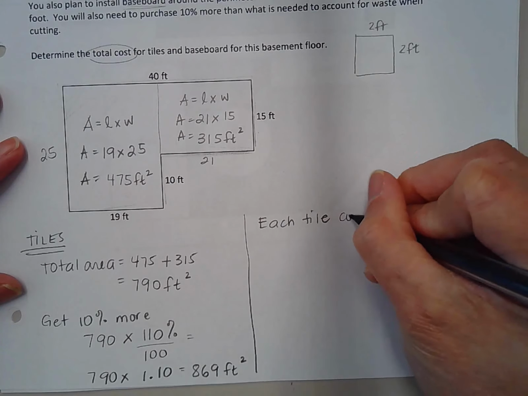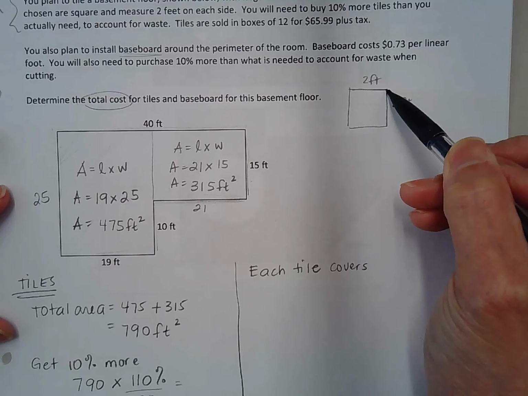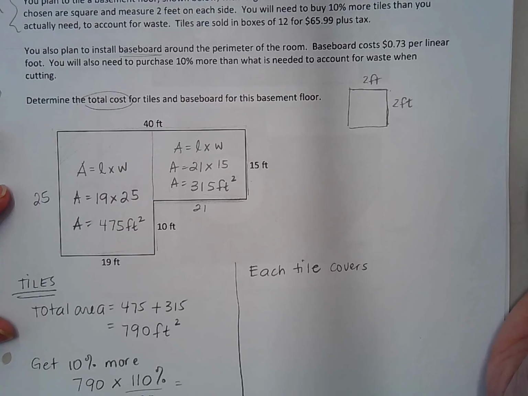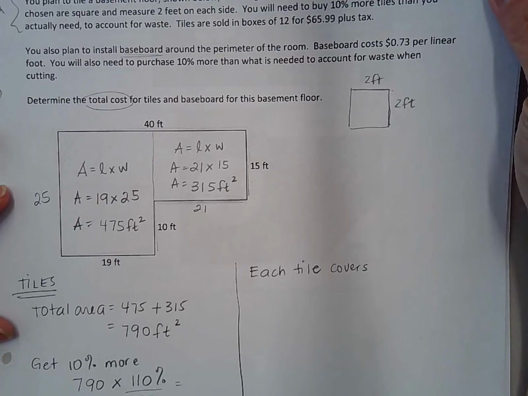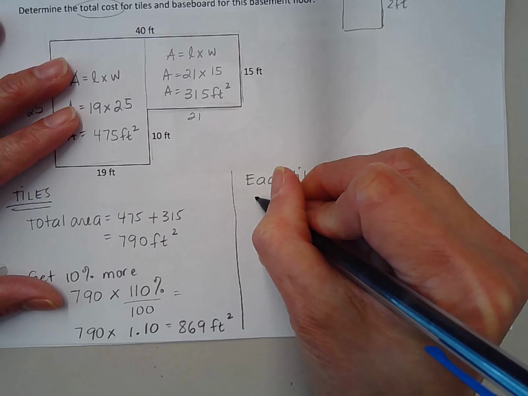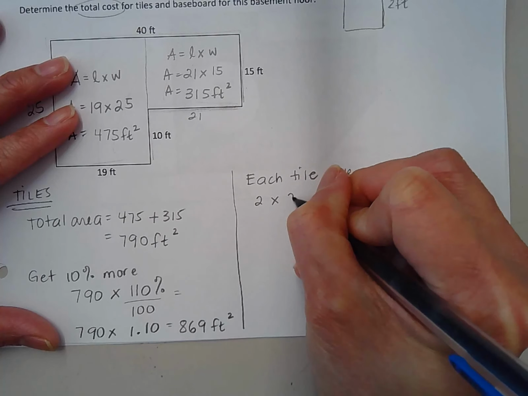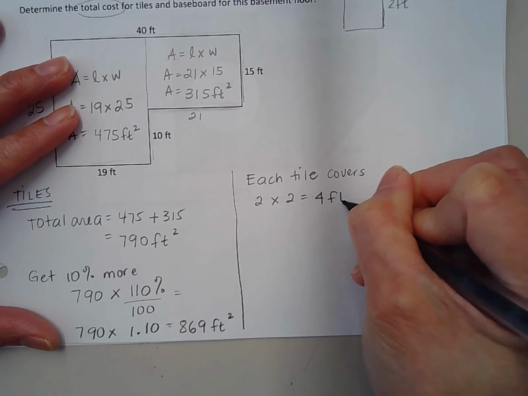Each tile is 2 feet by 2 feet. So what's the area of a tile? 2 times 2, so 4 square feet.